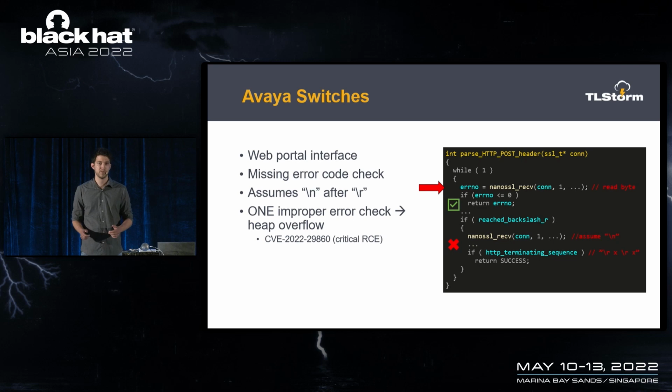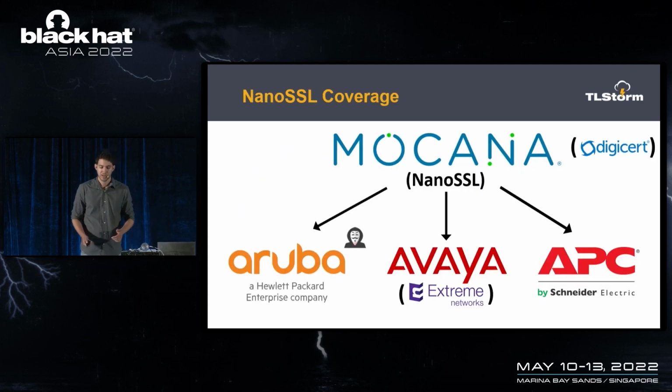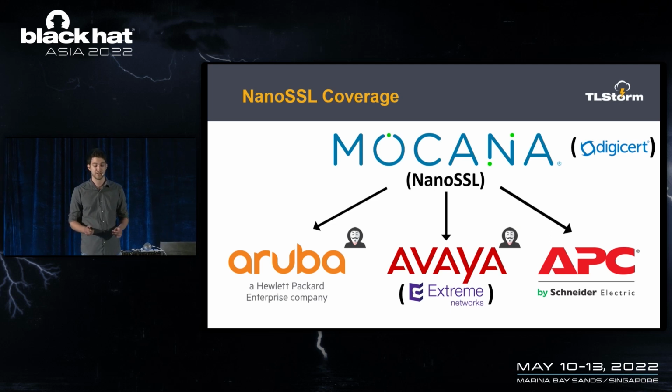The loop would go around, and another call to the receive API, even if the previous one failed, just like before, and the vulnerability is triggered, just like before. So we can add another name to the list of devices that misuse the NanoSSL library, which led to a remote code execution vulnerability.